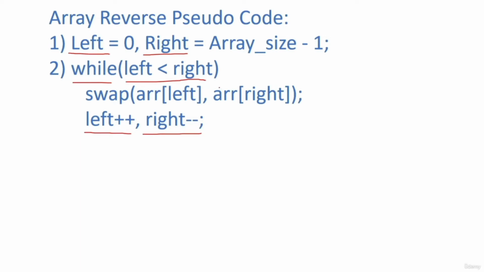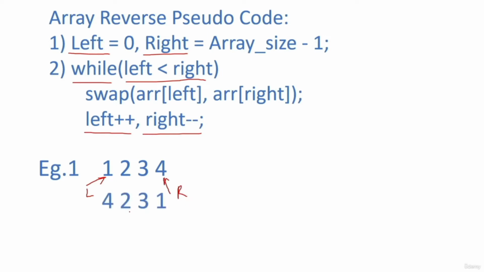We will understand this with the help of an example. Here is the example in which we have been given an array of 4 elements: 1, 2, 3, 4. So according to our pseudocode, the left pointer will be here and the right pointer will be here at first. Then in the second step, we will swap 1 and 4 as the left pointer is less than the right pointer.